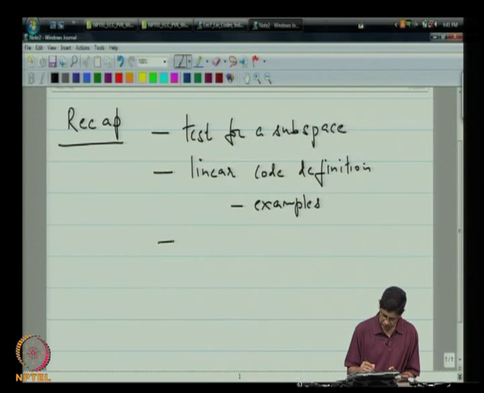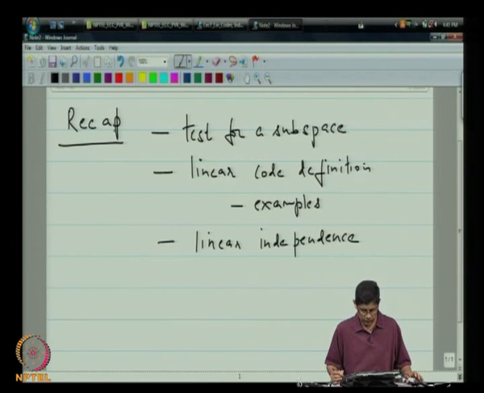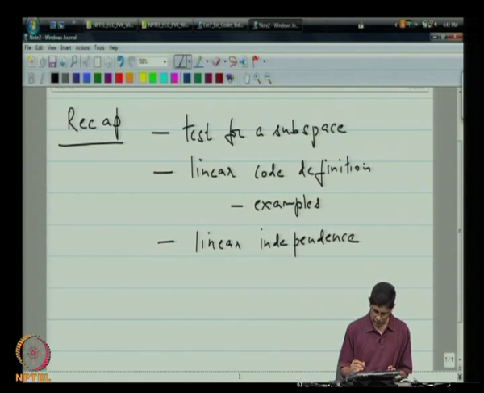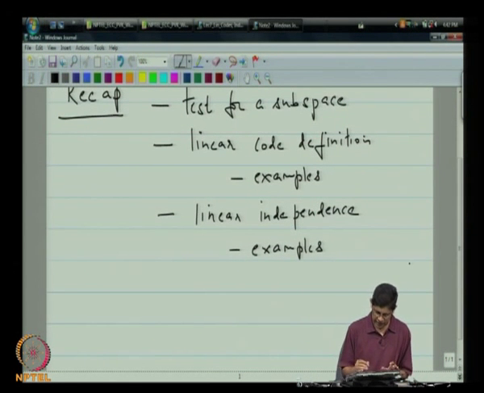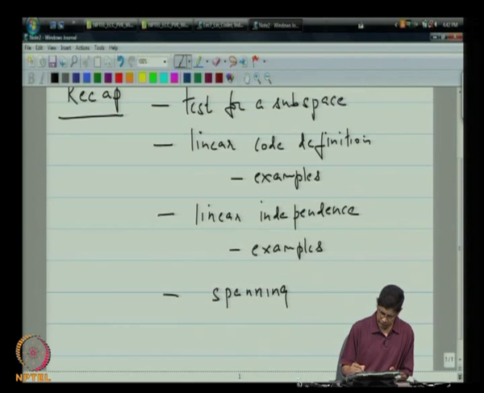After this we went on to talking about the notion of linear independence, we looked at examples, and towards the end of the last lecture we talked about the notion of spanning.